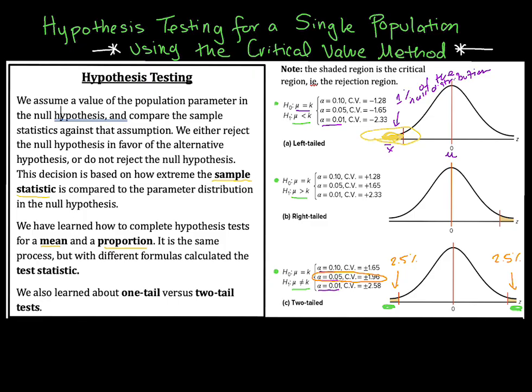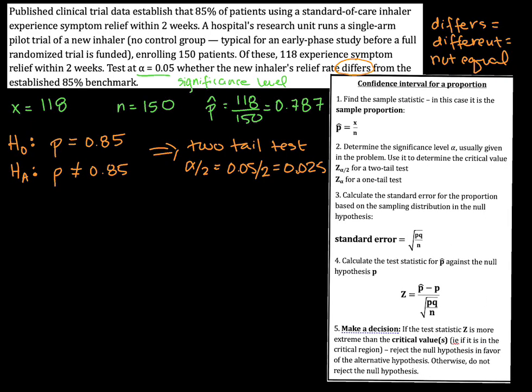So z of alpha over 2 is z of 0.025, which equals plus or minus 1.96. That's the only reason we're dividing alpha over 2: because it's a two-tailed test.